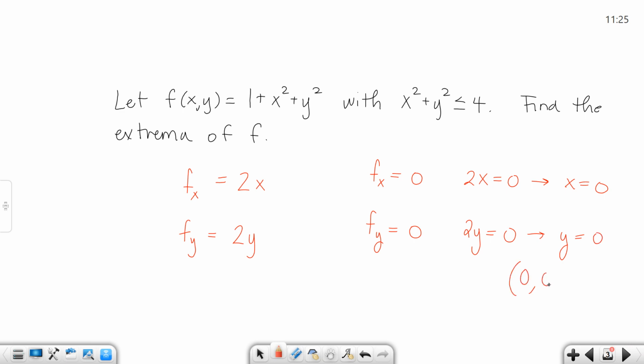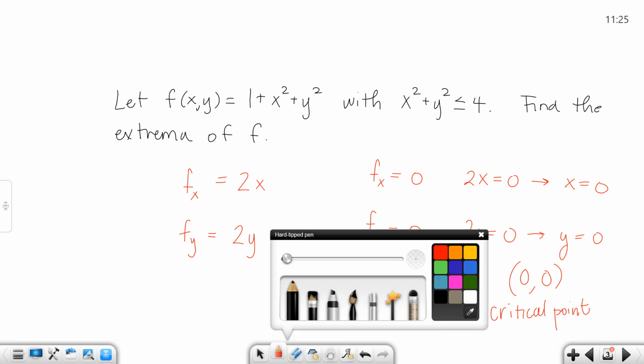And so we have (0, 0), and that is a critical point. Now I don't know if that critical point is a max or a min, but that is our critical point. We worked this one in class before spring break by the theory way, but this way is just going to be quick and easy and to the point.